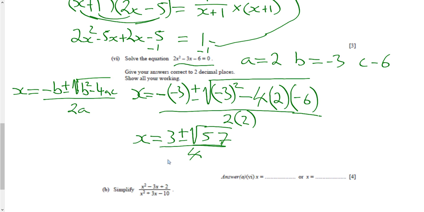All right. Now you can just plug that into your calculator. There's going to be two sums that you're going to be doing in your calculator. You're going to be doing 3 plus the square root of 57 divided by 4. And you'll be doing 3 minus the square root of 57 divided by 4, meaning that you'll have two answers to this question. So you'll have approximately 2.64 and negative 1.14.